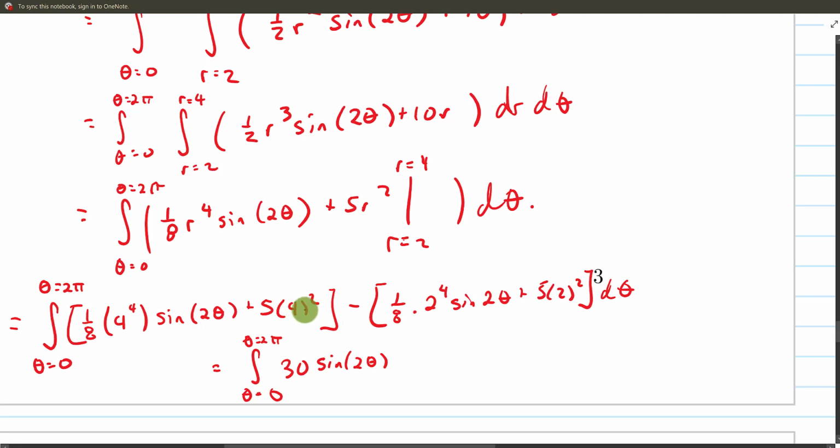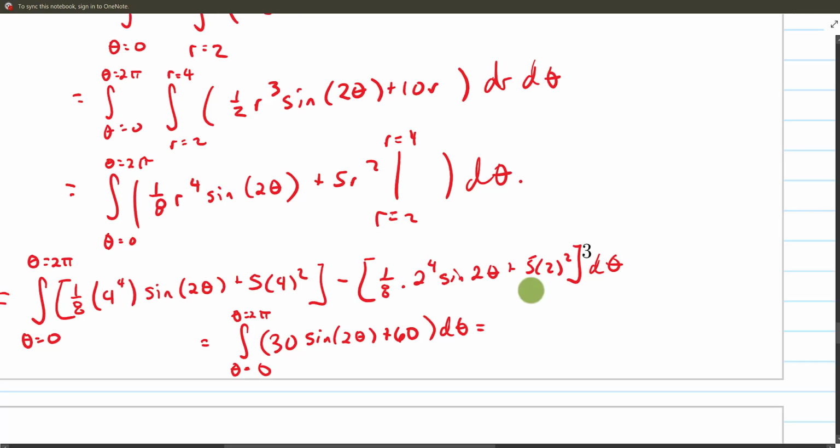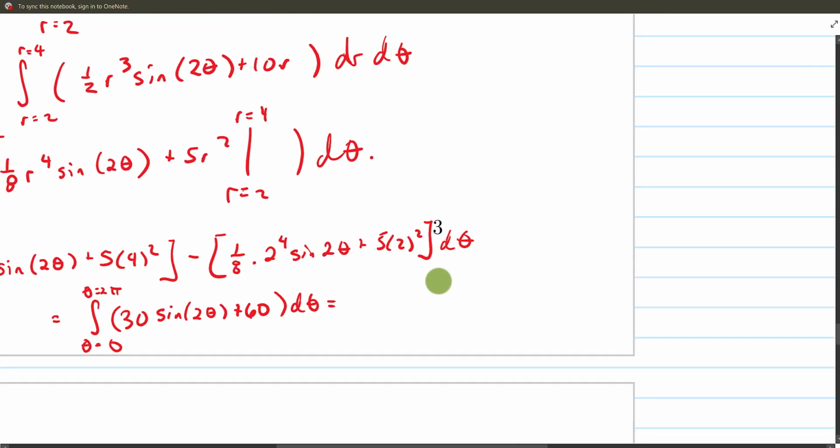And then we'd have 16 times 5 is 80, and we would subtract from that 5 times 4, which is 20, so that gives us a 60. 80 minus 20 is 60, so that gives us a plus 60 d theta.